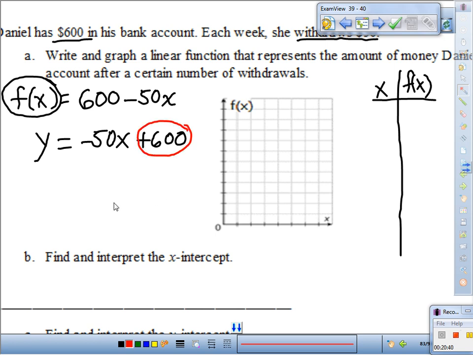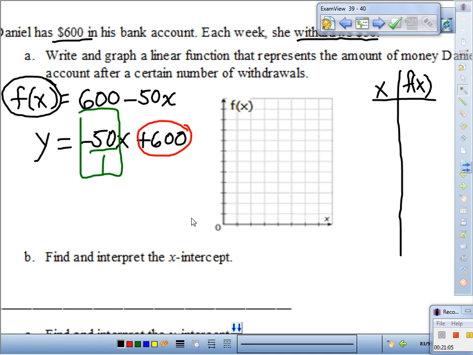At 600. But the slope is what, everyone? 50 down and 1 to the right. So that means, what are we going to go in scales of? You want to go hundreds, even though it's 50 down and 1 to the right? So we go by 50, yes?